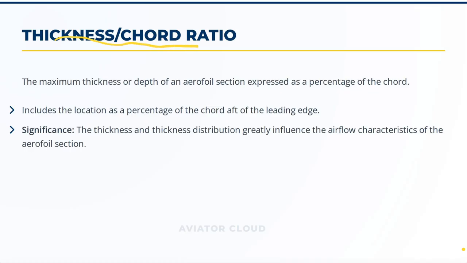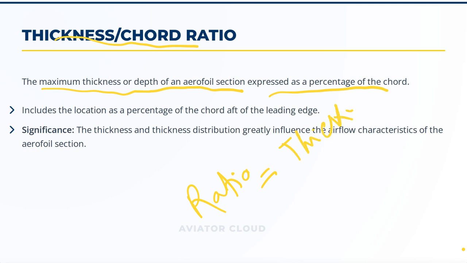Thickness by chord ratio: the maximum thickness or depth of an aerofoil section expressed as a percentage of chord. What does that mean? It means for an aerofoil, the ratio is equal to thickness divided by chord, expressed in percentage.